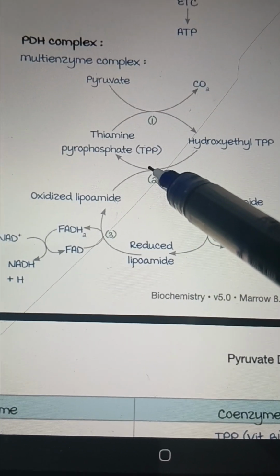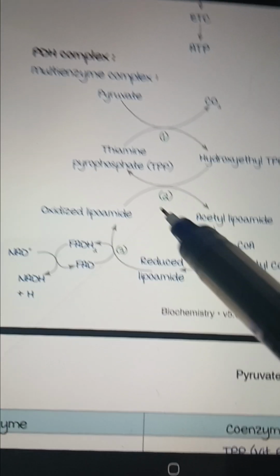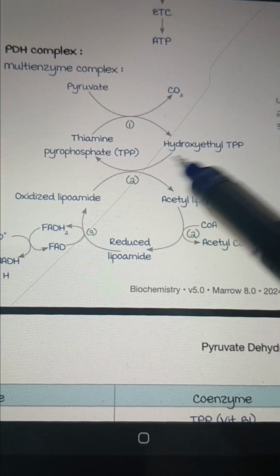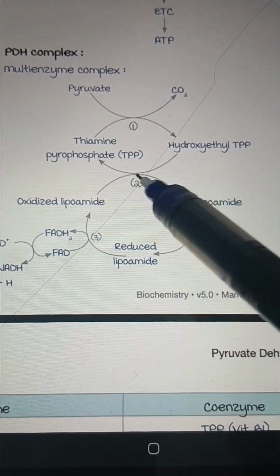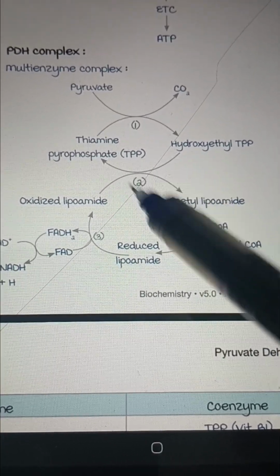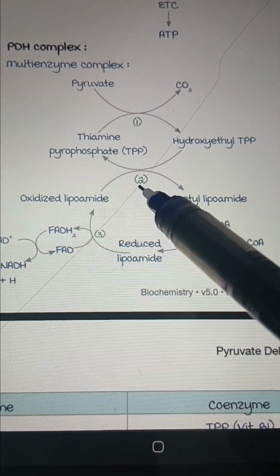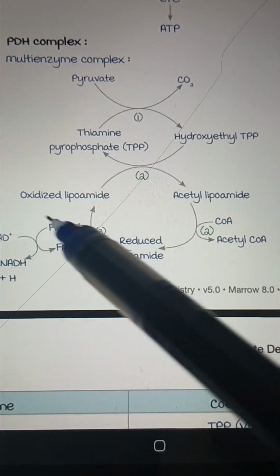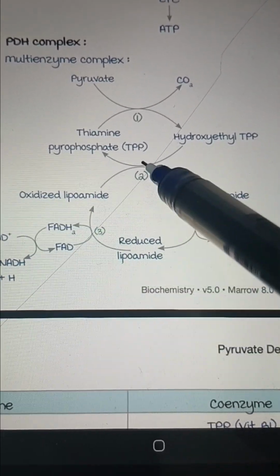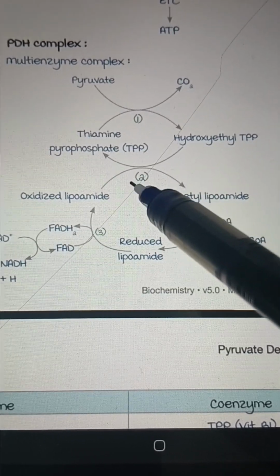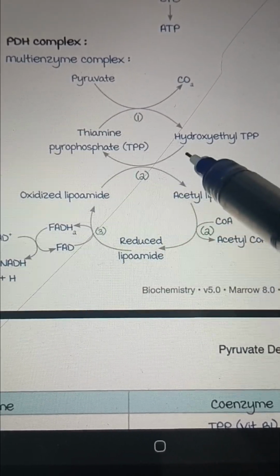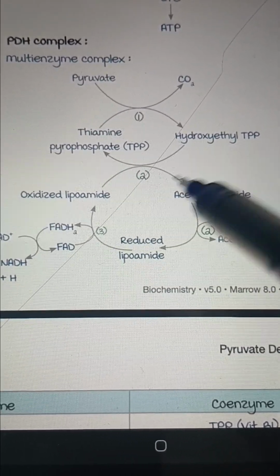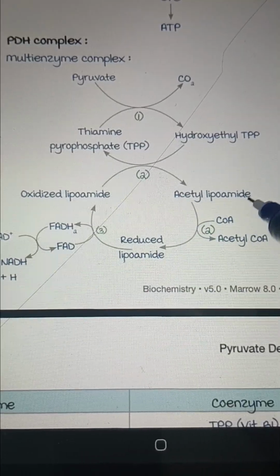Now we will talk about E2, the second apoenzyme. What is happening in this reaction? E2 needs the presence of oxidized lipoamide. So the oxidized lipoamide along with the E2 is converting the hydroxyethyl TPP into an acetyl lipoamide.